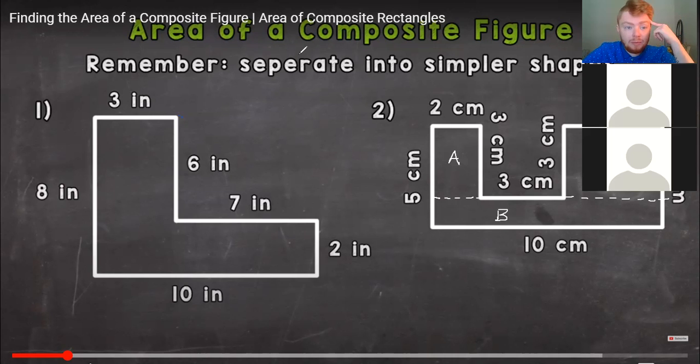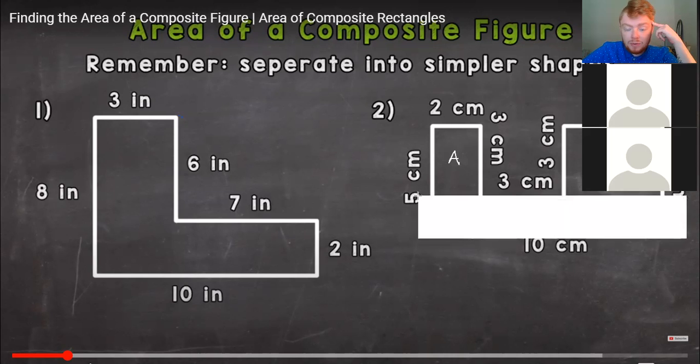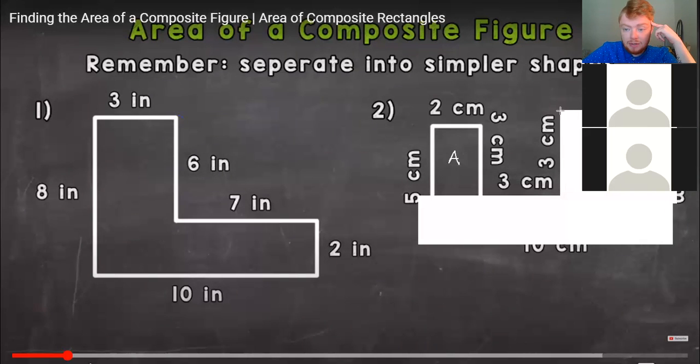I'm going to help us even a little further too, and I'm going to block out each one as we do it. So we're going to completely forget this one is here, and we're going to completely forget this one is here. Let's just focus on this one, all right?